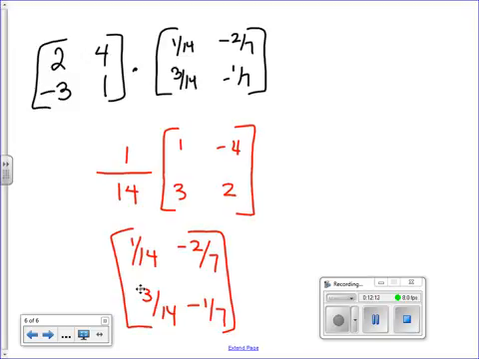What happens if you multiply a number times its inverse? They cancel out. What are you left with? Not 0, 1. So multiply these two together and see what you're left with.